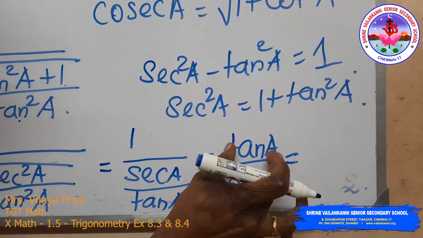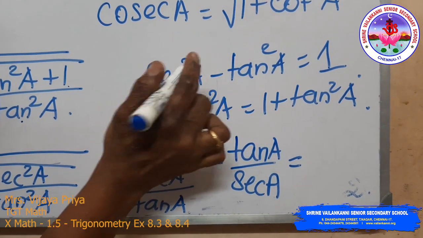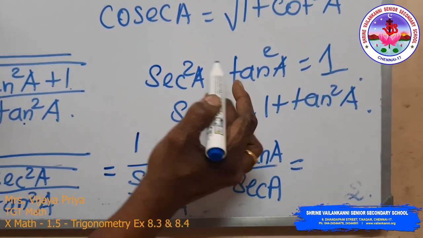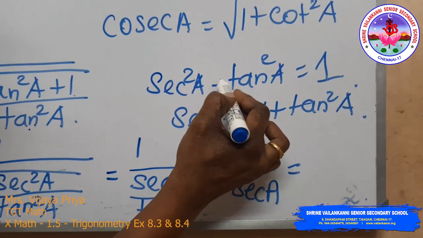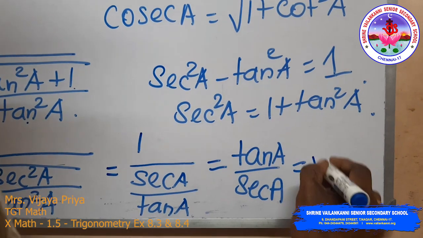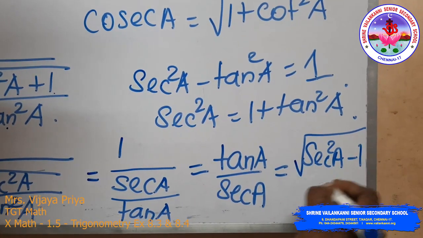From the identity I get secant squared A minus tan squared A is equal to 1. So secant squared A minus 1 is equal to tan squared A. So my tan A is equal to square root of secant squared A minus 1.